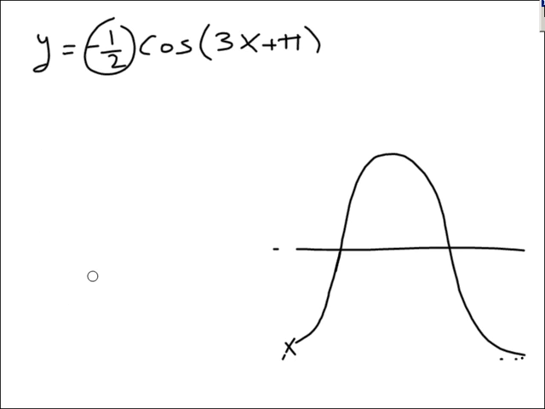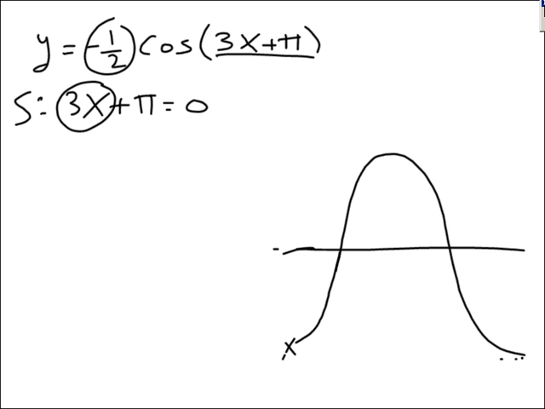Okay, just like each and every sine and cosine graph, we start where the angle equals 0. This must be -pi. -pi plus pi is 0. If you don't believe it, take away pi from both sides.